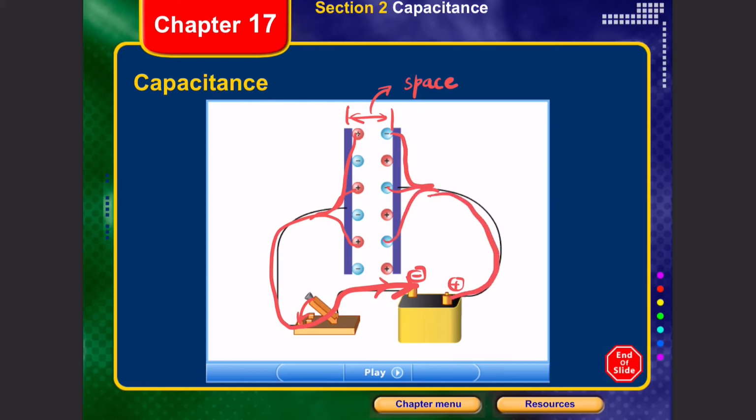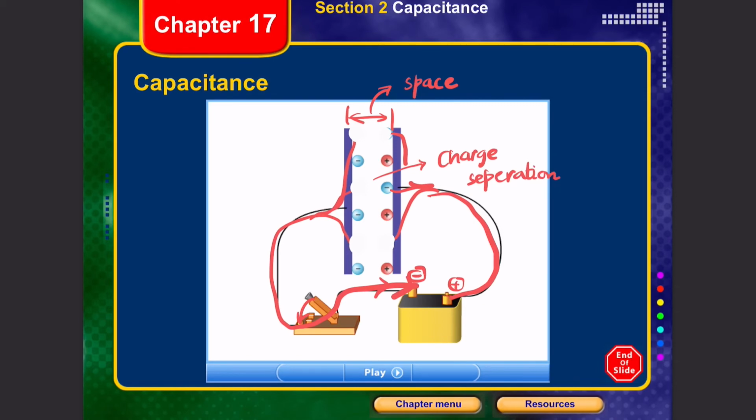Once they move, what will be left? You just have positives on one side and negatives on the other side. This is the process of what we call charge separation.